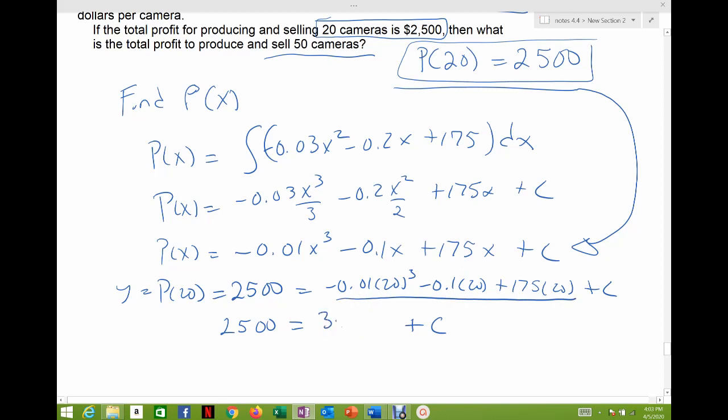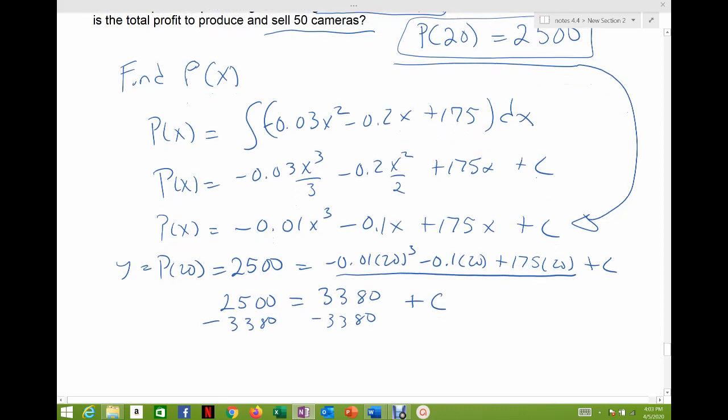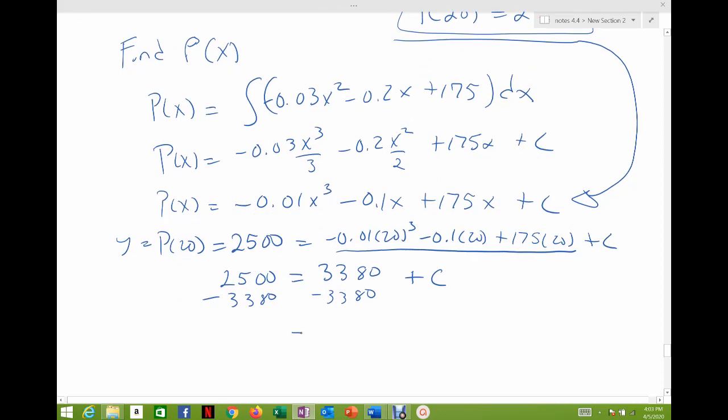It comes out 3,380, and so I've got to move that to the other side to find my constant, not cost. So the unique C value for this function is negative 880.